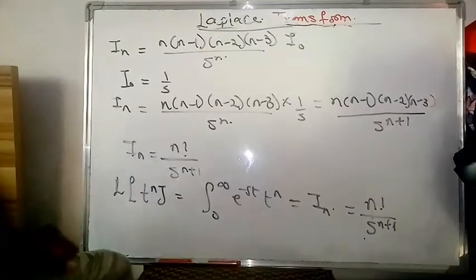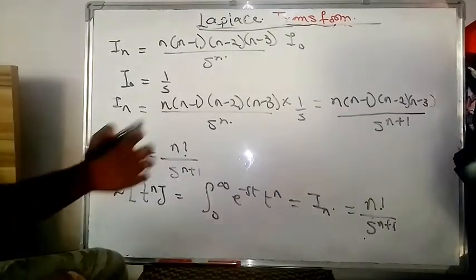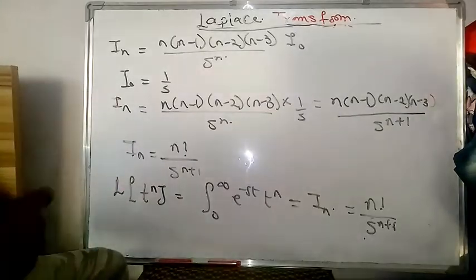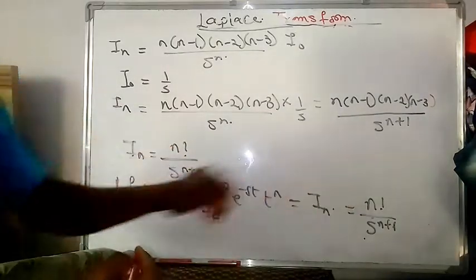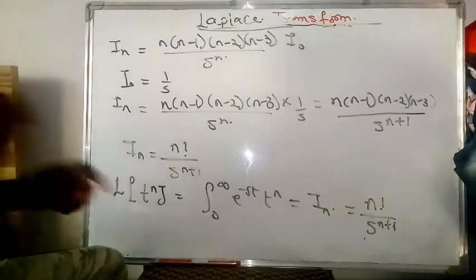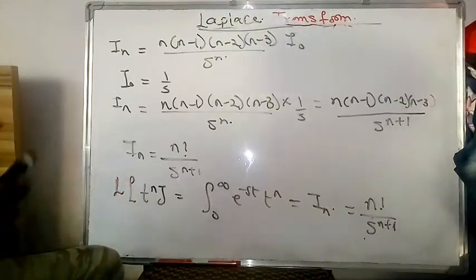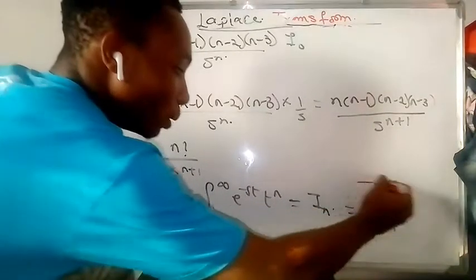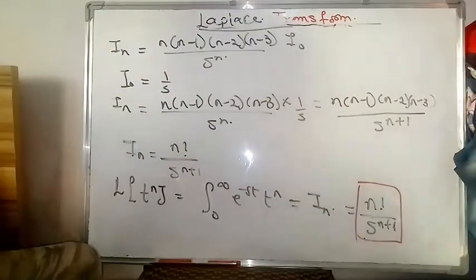So that is the final answer. We're going to look at some examples to get accustomed to using the Laplace of t raised to power n, for any n, t raised to power 2, t raised to power 3, and so on. So I believe we should jot this down.